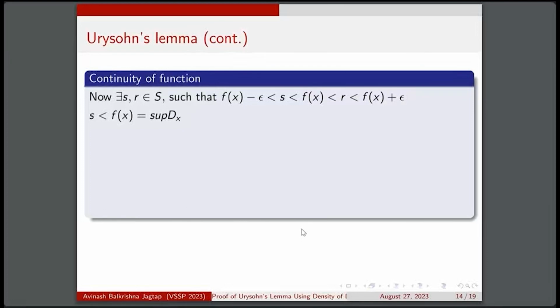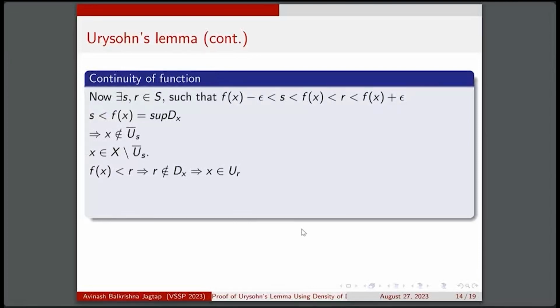Now s is less than f(x). So by the previous remark, x is not in the closure of U_s. So x will be an element of the complement of the closure of U_s, and that complement is also an open set.